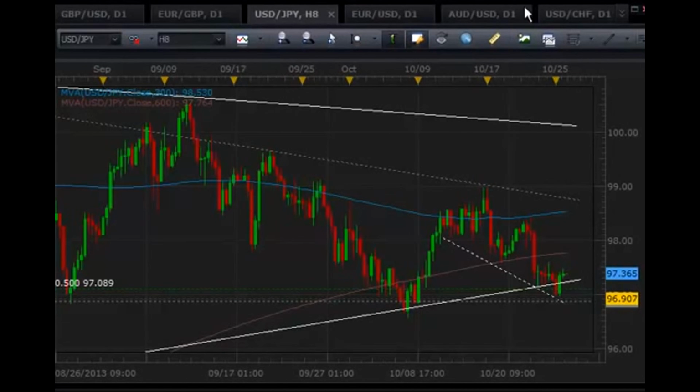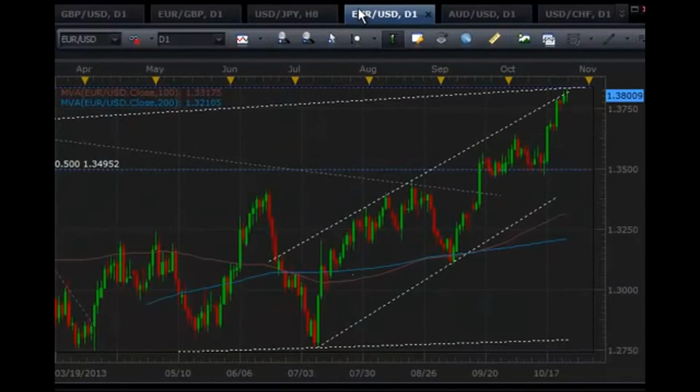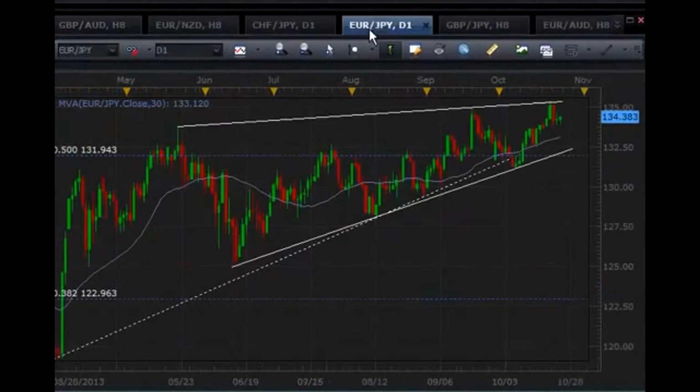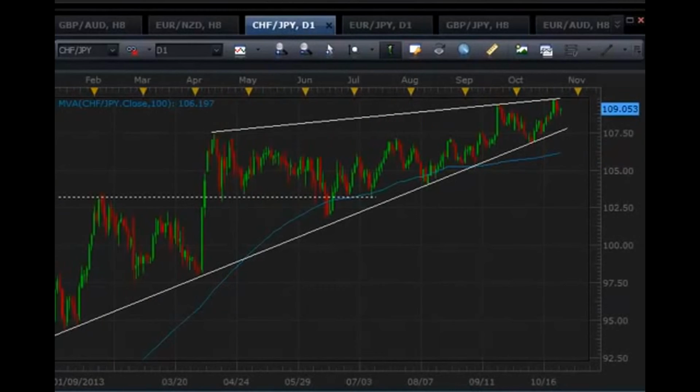Lots of trend lines. I can run through a number of trend lines. You have a trend line rising, trend line here from Aussie USD. This is a daily chart. The Euro USD is at the top of this rising channel. Also happens to be a much bigger trend line here. This is only the third point of test. You have numerous trend line situations in the Euro Yen crosses. Euro Yen, Pound Yen, and Swiss Yen, all European currencies versus the Yen crosses.